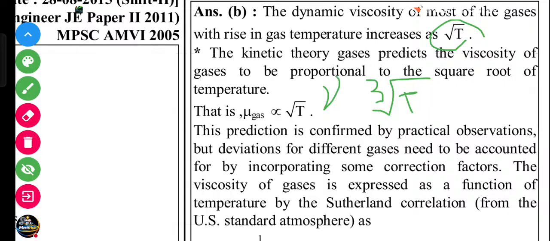The prediction is confirmed by practical observations, but deviations for the different gases need to be accounted for by introducing some correction factor. The viscosity of gases is expressed as a function of temperature by the Sutherland correlation, from the US standard atmosphere.